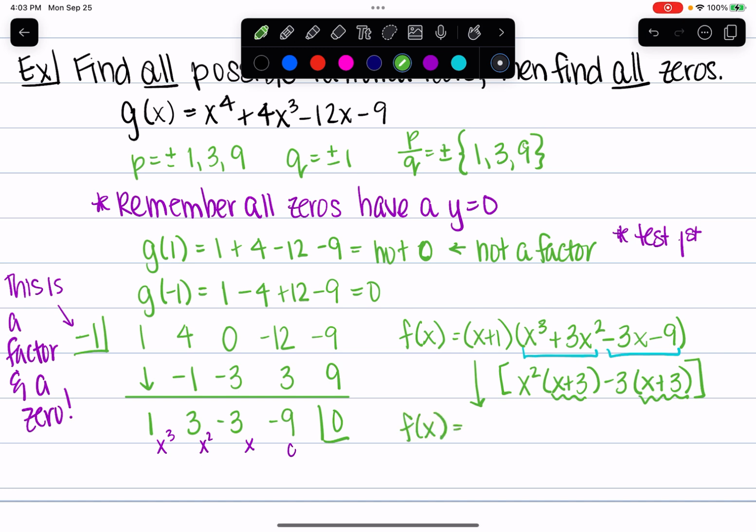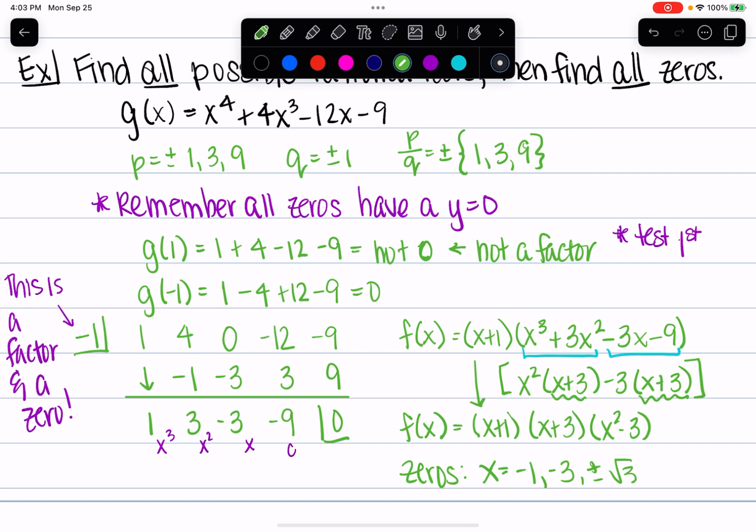So we have the original factor of x plus 1, x plus 3, and then what's left over, x squared minus 3. And now we're going to do our zeros. x is equal to negative 1, negative 3, and then plus or minus the square root of 3.